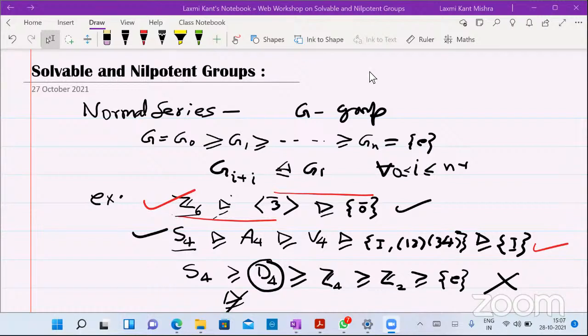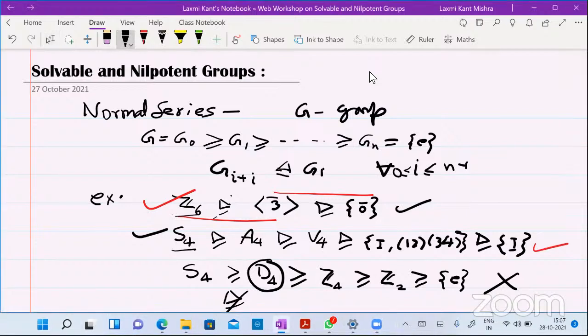So yesterday I told that Z6 has a subgroup generated by 3, which I said was isomorphic to Z2, which was incorrect.